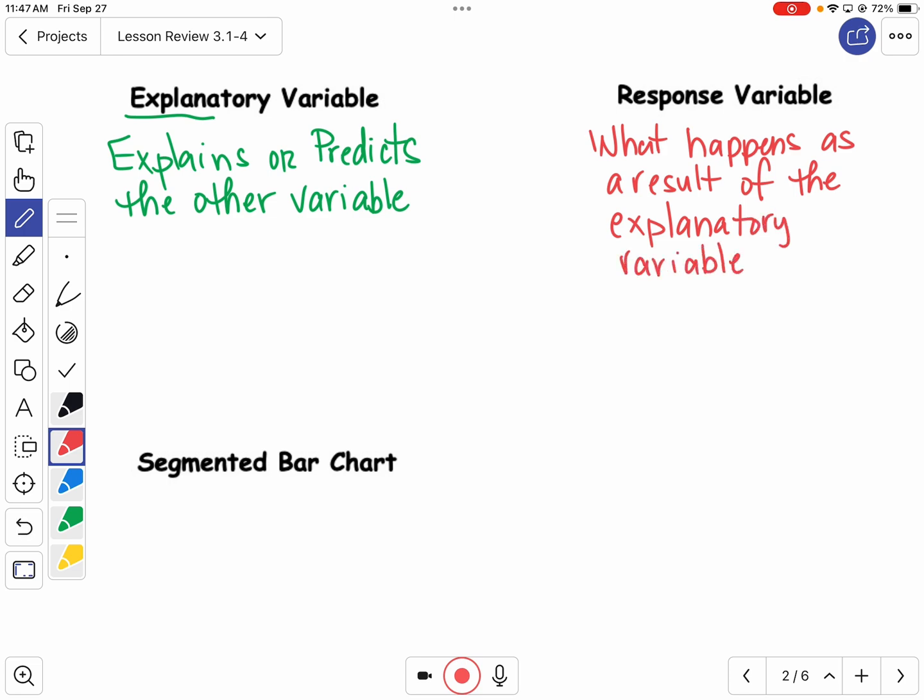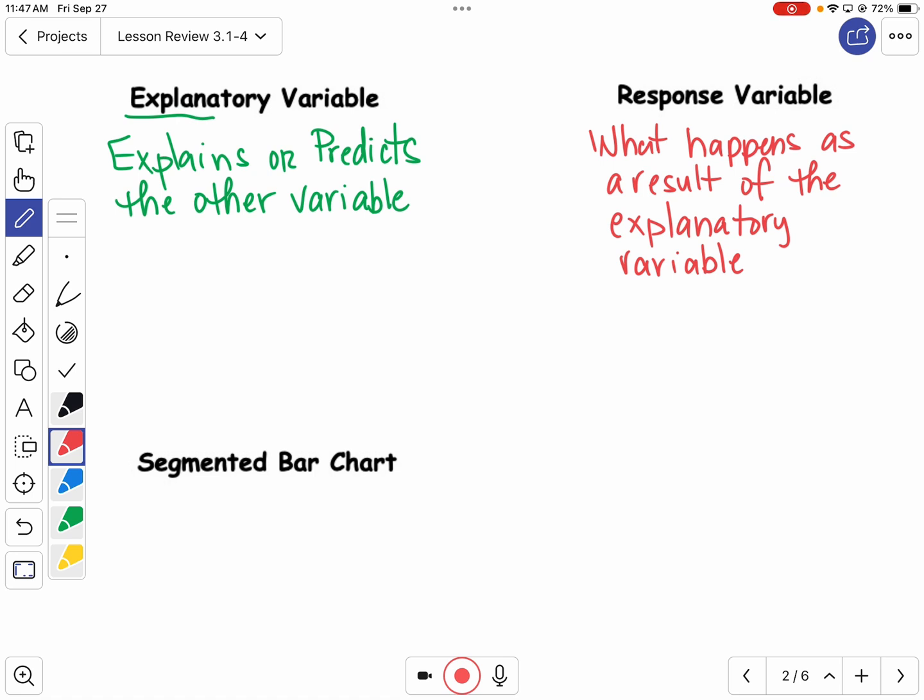All right, so it's our result. So those were our 2 terms that we started with in 3.1. Explanatory variable and response variable.